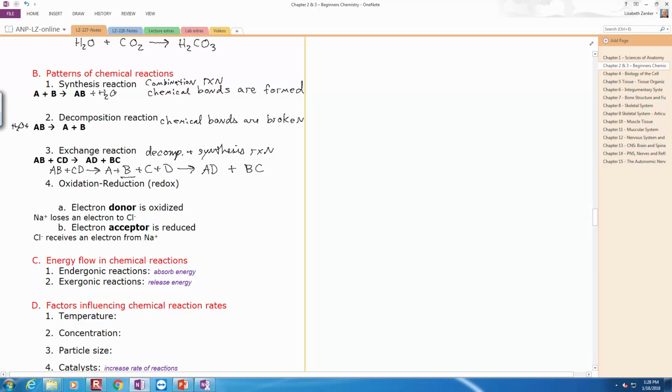So this was the decomposition part of it, and this part was the synthesis part of the reaction because you exchanged it and reformed it.